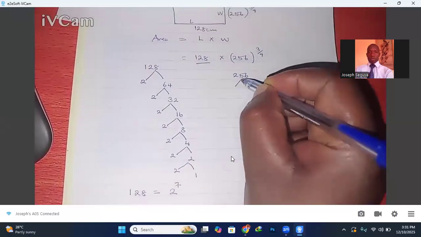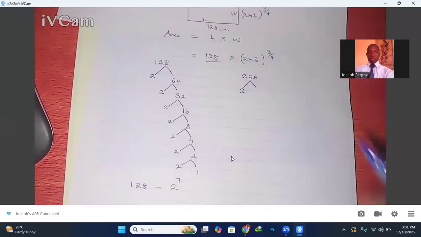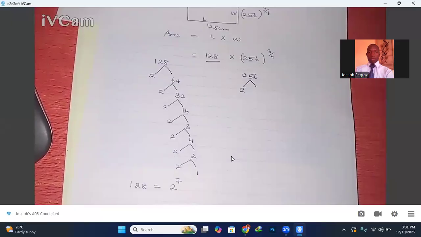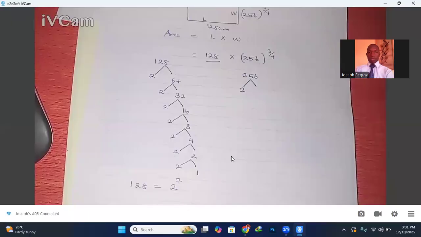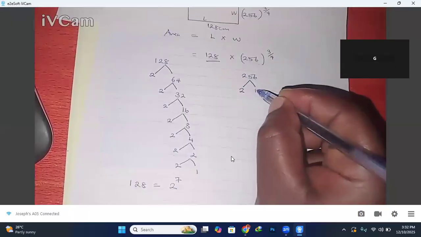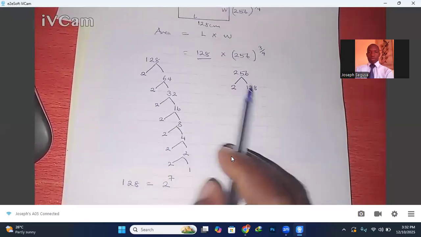256. If you divide 256 by 2, which answer do you get? Yes, you get 128. Okay, and then we move on. So 128, which is the same as here.